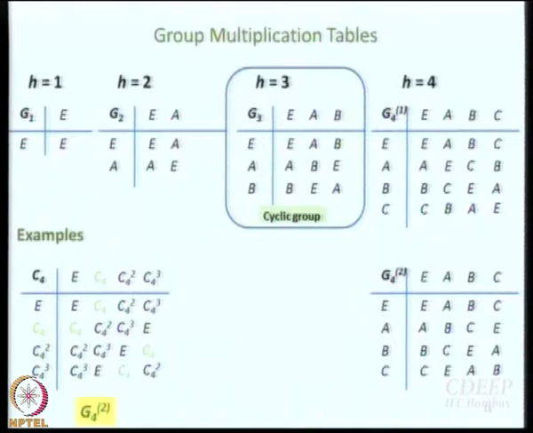That is like A, the green ones. Now the blue ones are like B. Look at the pattern in G4 2, and the orange ones are like C. So we have got G4 2.